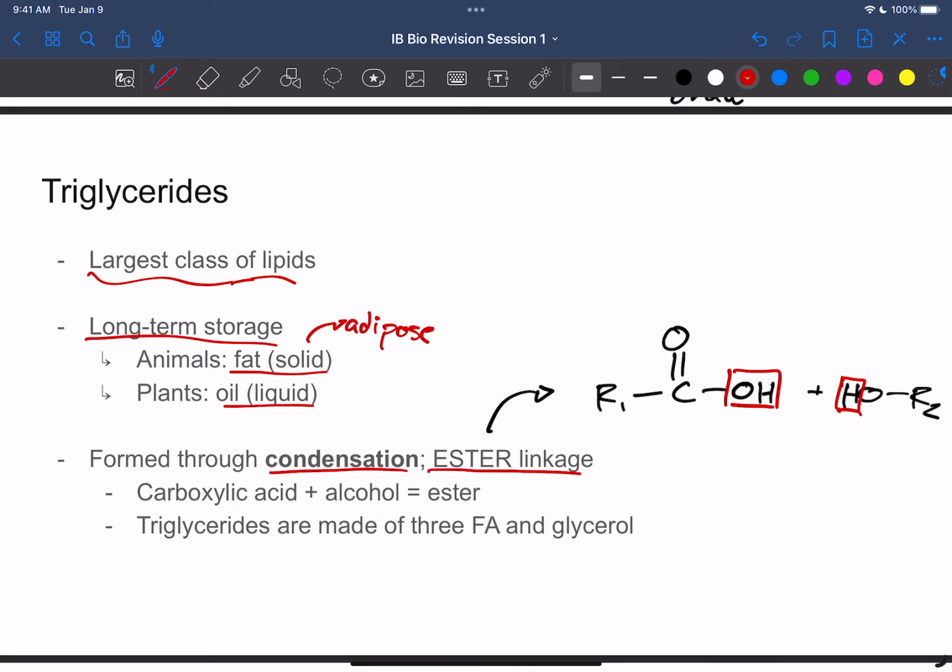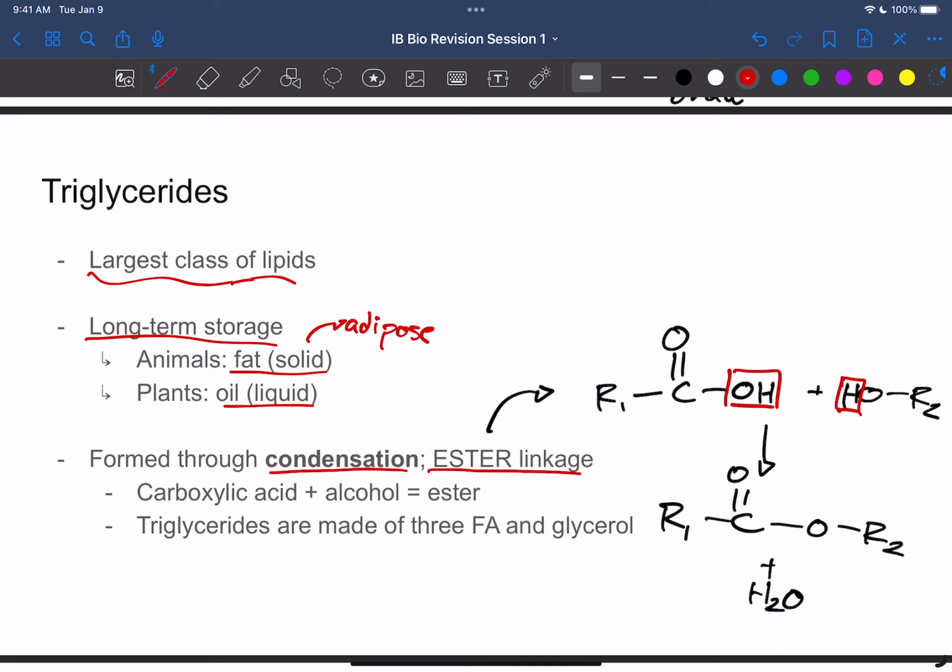This OH and this H in this specific arrangement are going to leave as water, and the result is going to be R1, C, double bond O, O, R2, plus water. So it's a condensation. It produces water. These leave as water, the ones that are boxed in red.